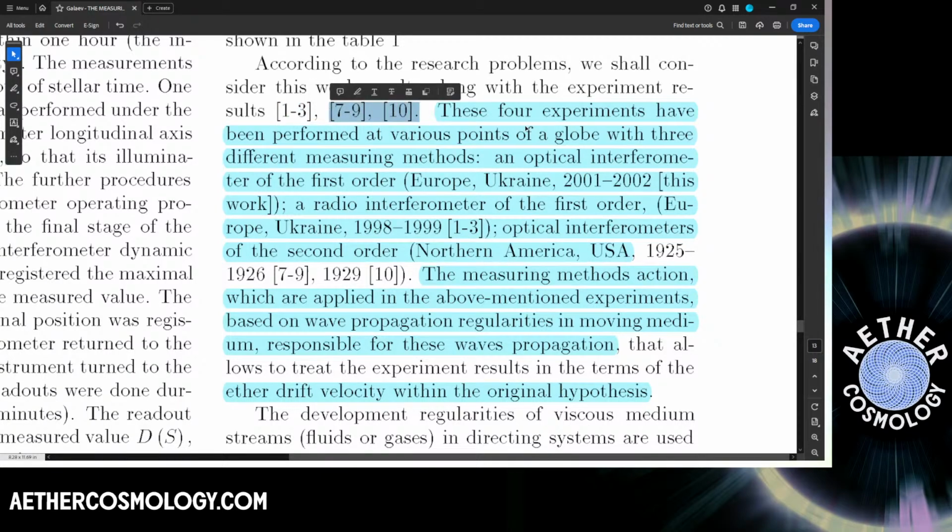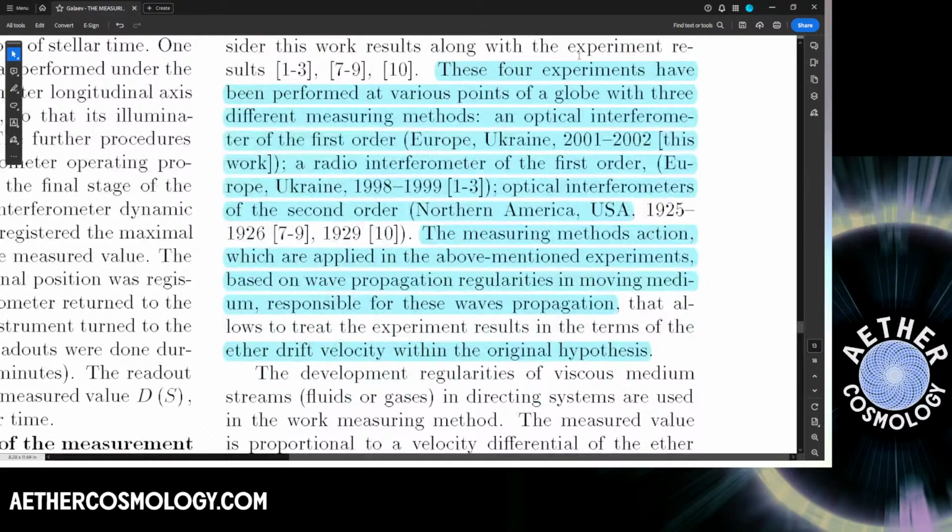These four experiments have been performed at various points on the globe with three different measuring methods: the optical interferometer of the first order, European Ukraine 2001 to 2002, this work; the radio interferometer of the first order, the same thing in 1998 to 1999, done by the same gentleman; and optical interference of the second order, northern USA.